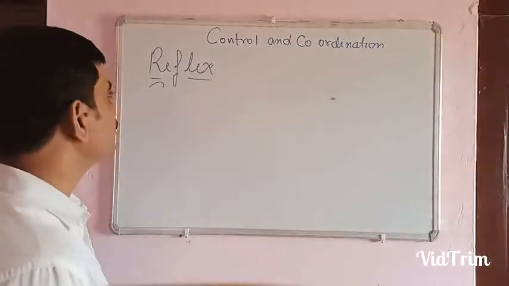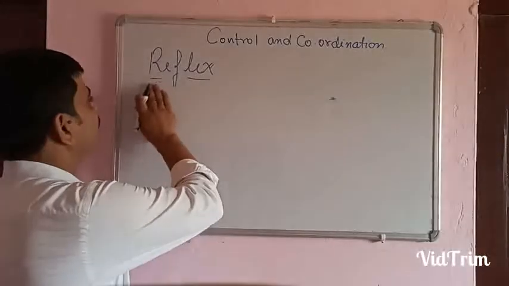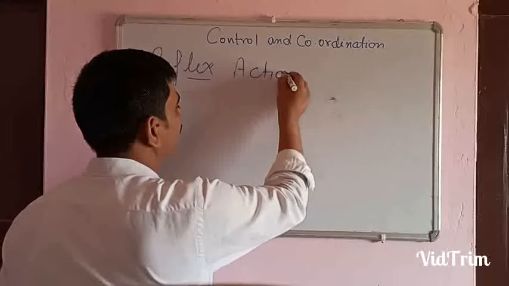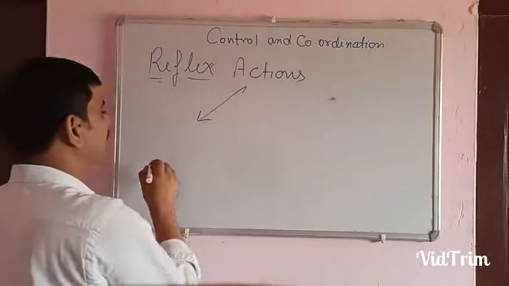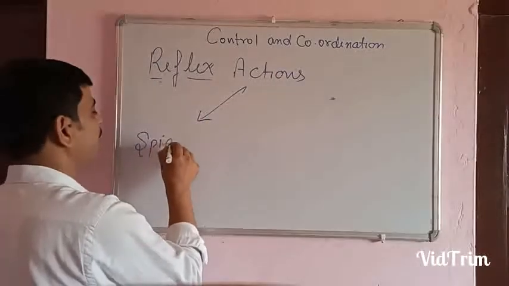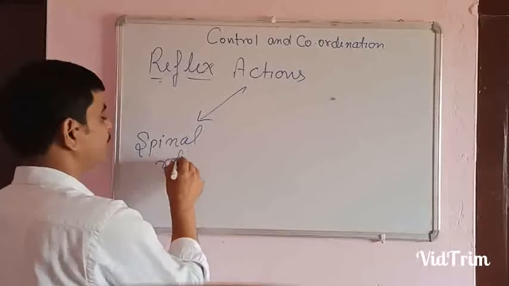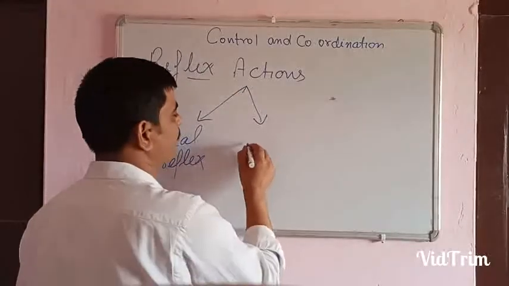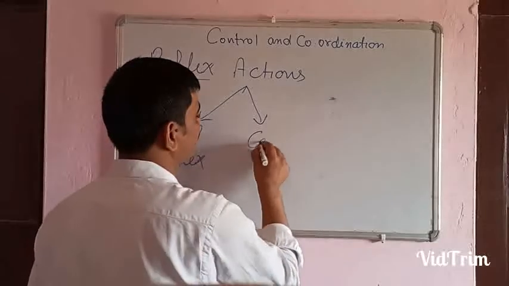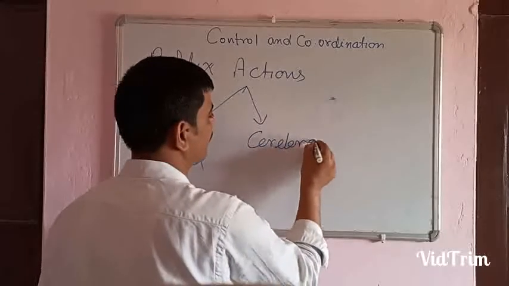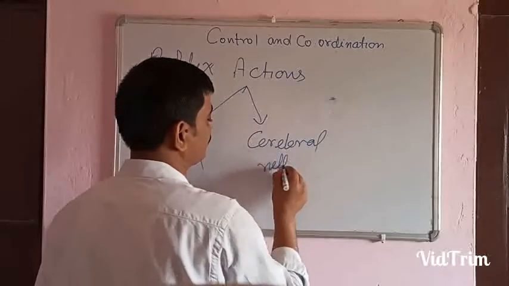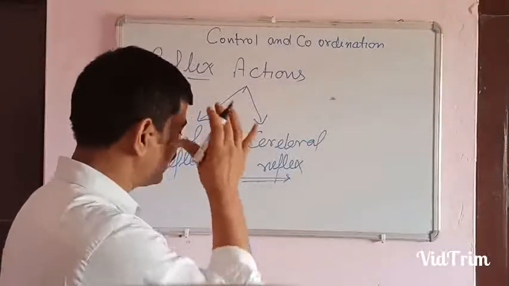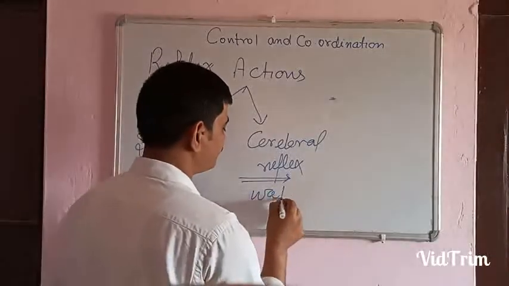Those reflex actions that involve the spinal cord are called spinal reflex, and if the brain is involved, it is called cerebral reflex action. You can take the example of cerebral reflex like watering of mouth.